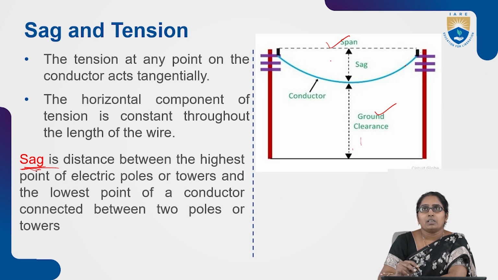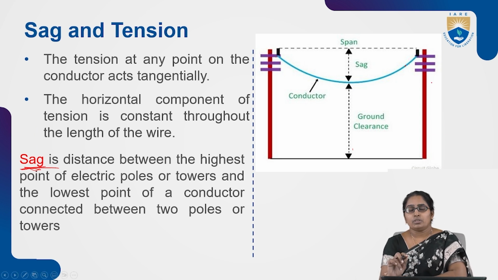And span means the distance between the electrical poles, from here to here. These are the basic ideas about sag and tension.